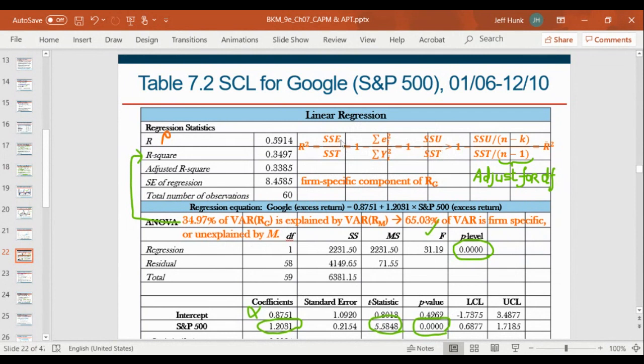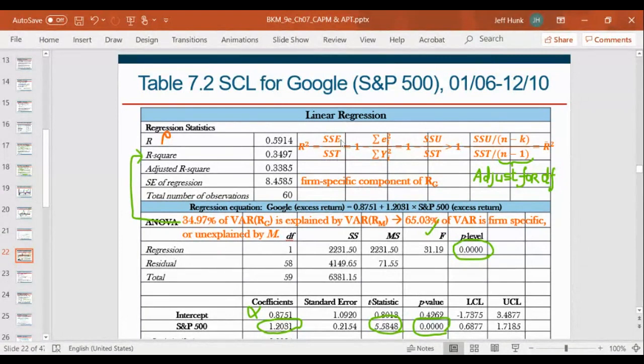Think about it. Explained errors and unexplained errors are sort of complementary.